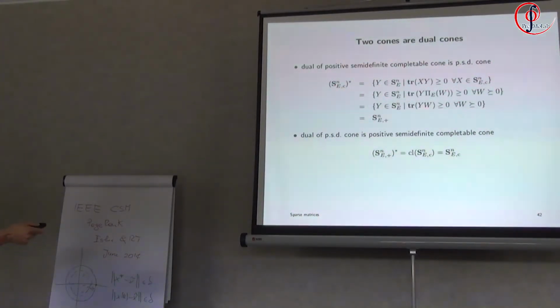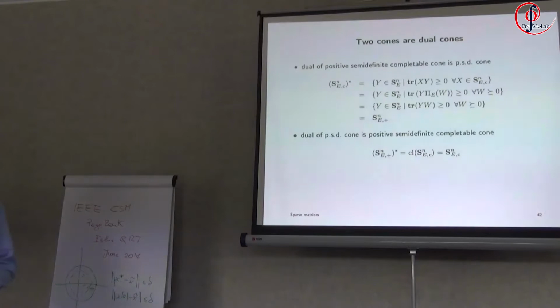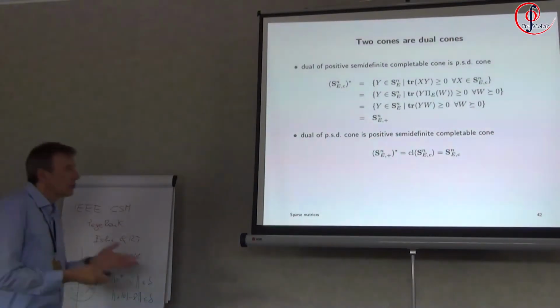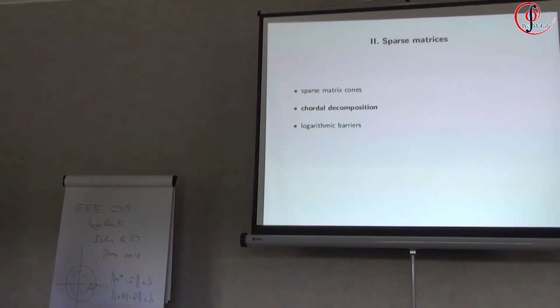So if you work it out, it just means that y is in the dual of this completable cone if and only if it's positive semi-definite. So it's easy to see that the dual of the positive semi-definite completable cone is the positive semi-definite cone with that pattern. And since we already know that these two cones are closed, that also means that the dual of the positive semi-definite cone is the positive semi-definite completable cone. So there are two dual cones, and not self-dual as we've seen, because they're not necessarily equal.